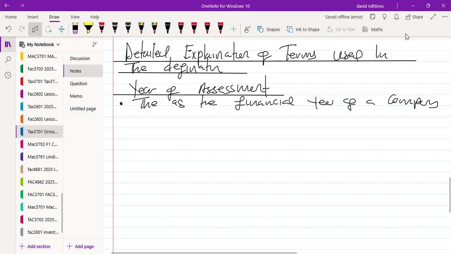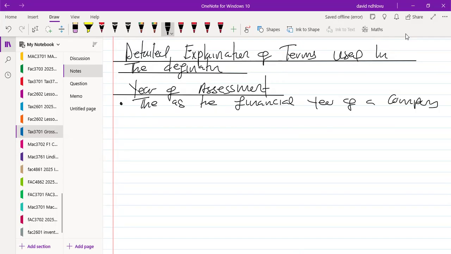Remember we said if a company's financial year is ending on 31 October, then the year of assessment of the company will also end on 31 October, which means it starts on 1 November. If it ends in December, that is the financial year end, then the tax year of that company for the purpose of taxable income or income tax starts on 1 January and ends in December.